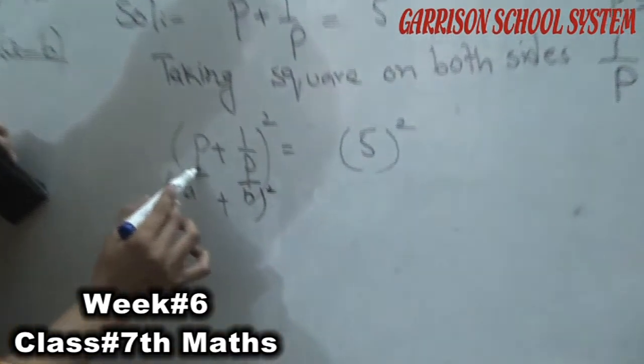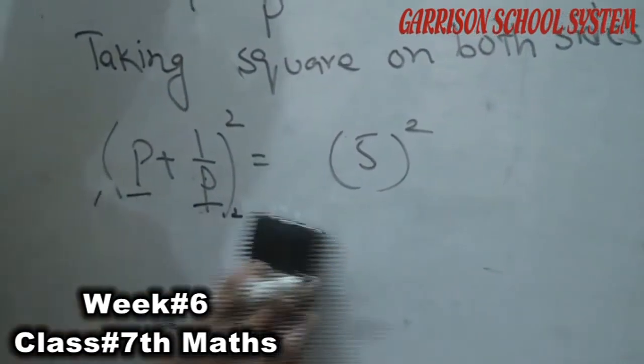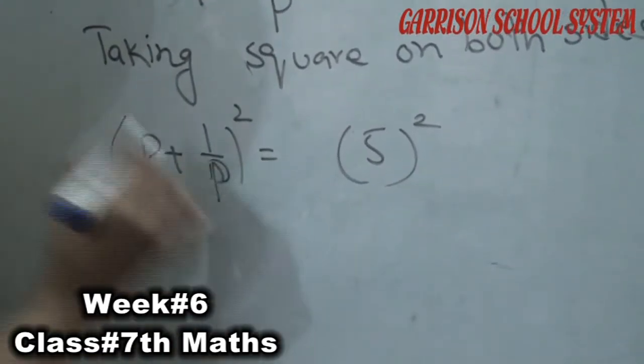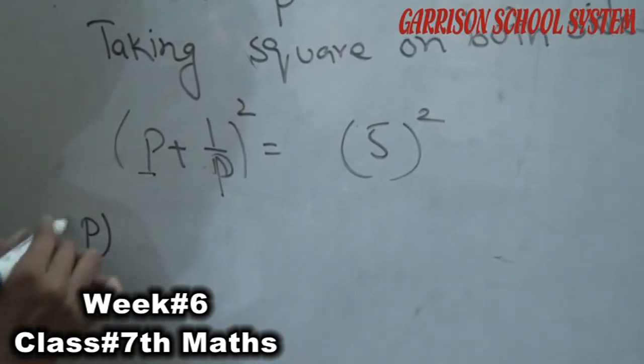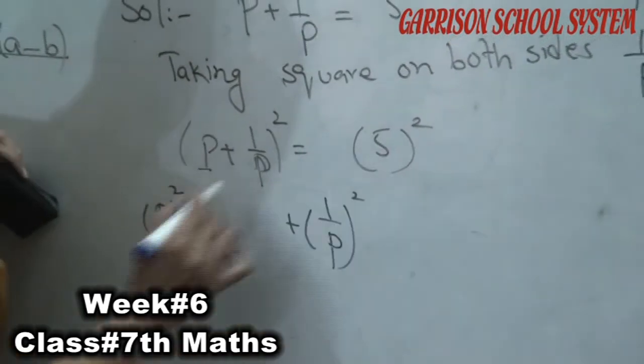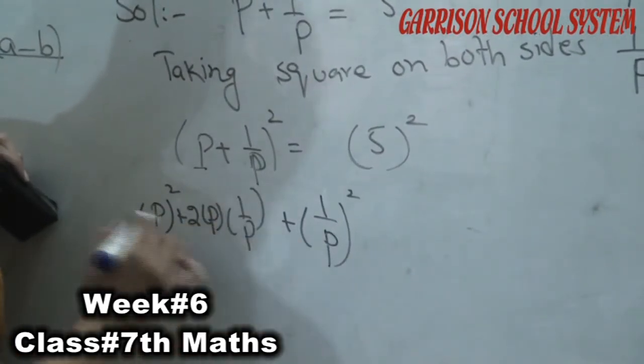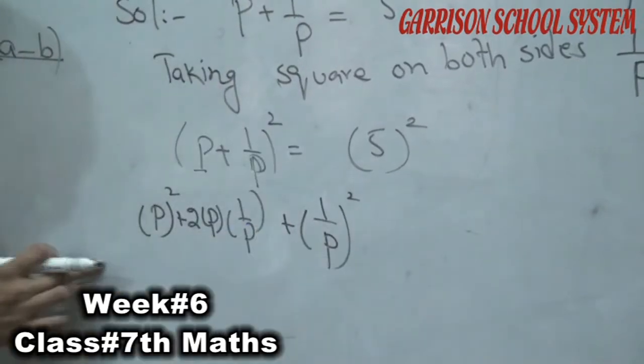If I have taken P as A and 1 over P as B, then I will open it: first term square, last term square, plus 2 into first term into last term. I have opened this side.